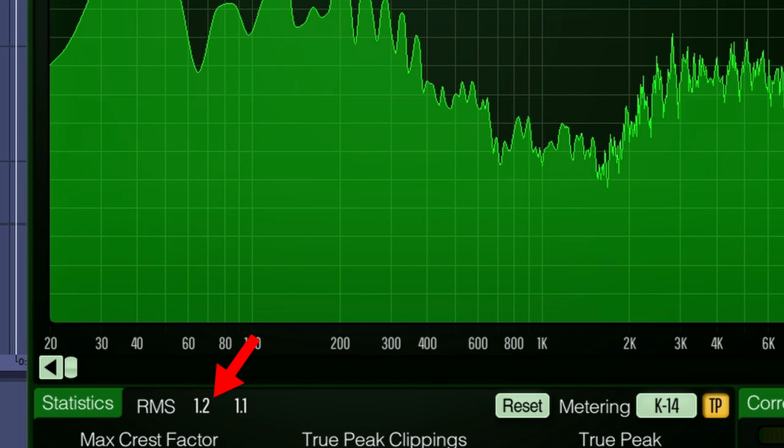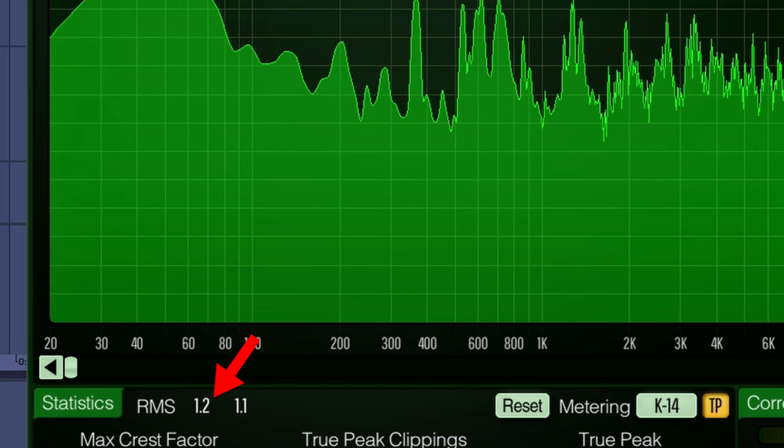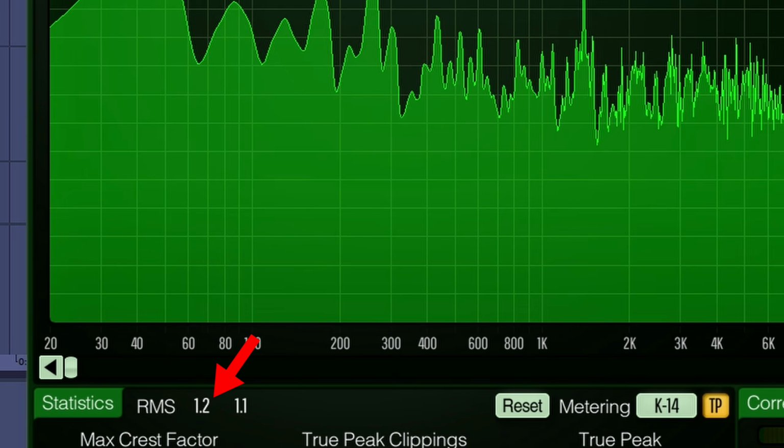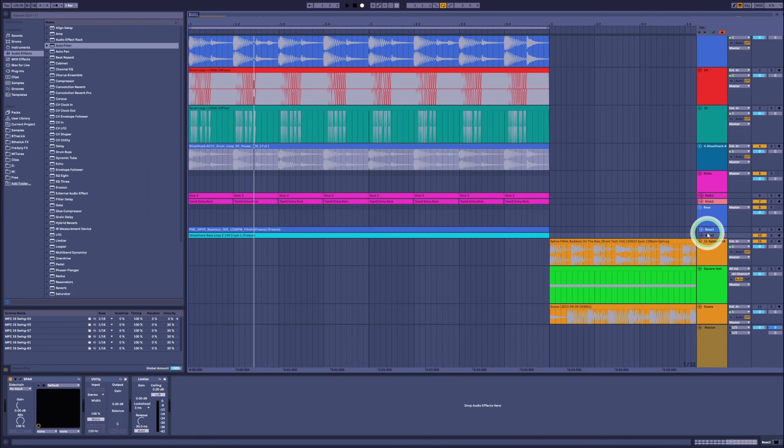Let it settle. Okay, 1.1, 1.2. Okay, so about the same, but technically the second bass is quieter. Is that what you heard?